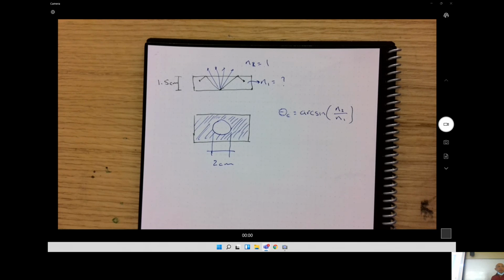Here's just a little bit of geometry. Find that critical angle. You got it?